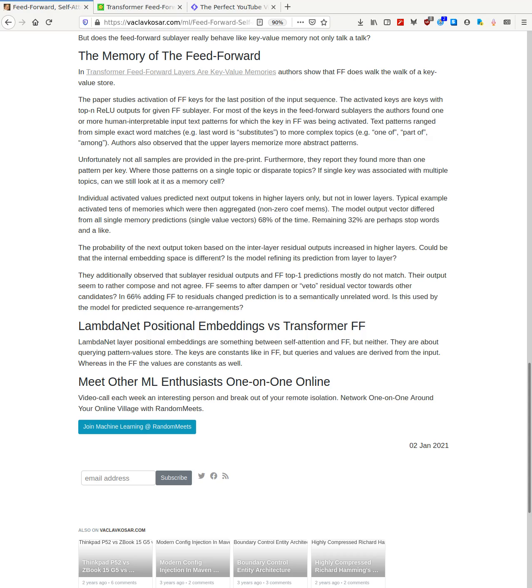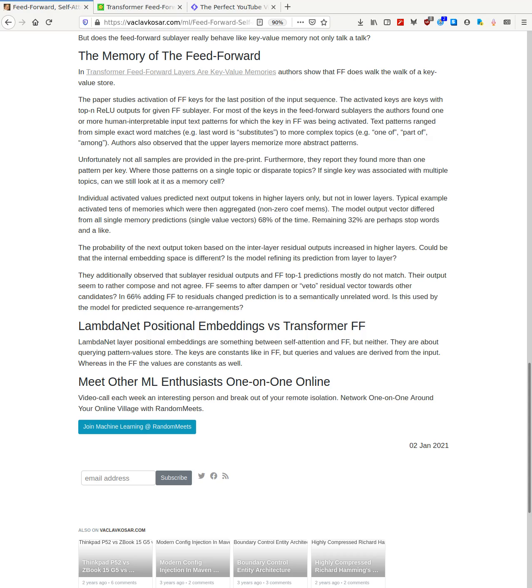And I spoke a lot about these positional embeddings. Are they similar to the transformer feed-forward layer? So the positional embeddings are actually something between self-attention and the feed-forward layer. They are also about querying some sort of patterns and a value store. But the keys are also constants in the feed-forward layer.